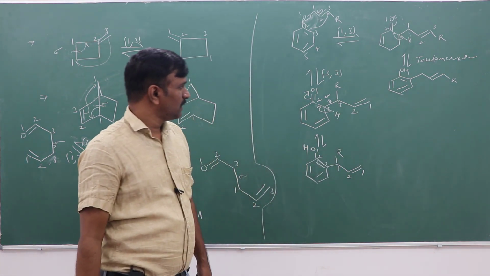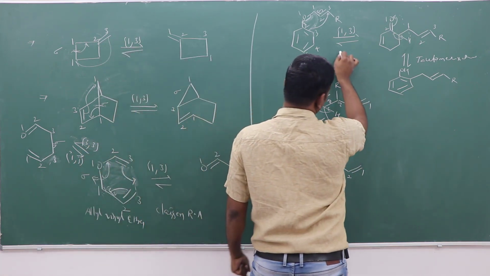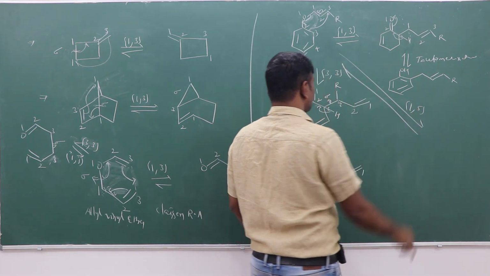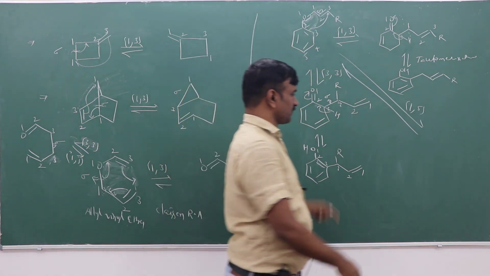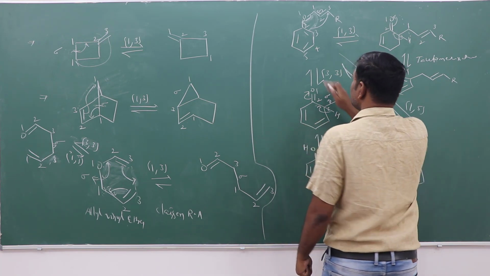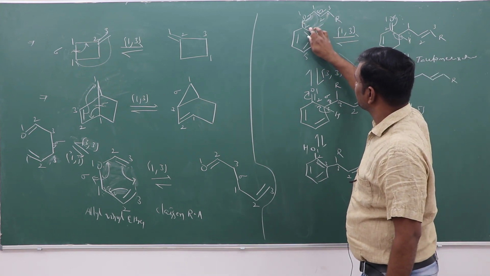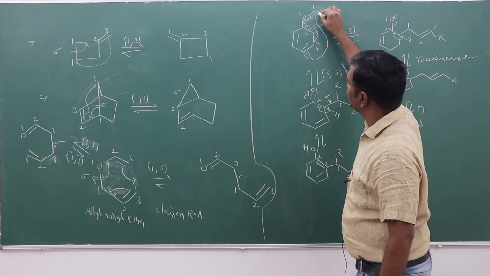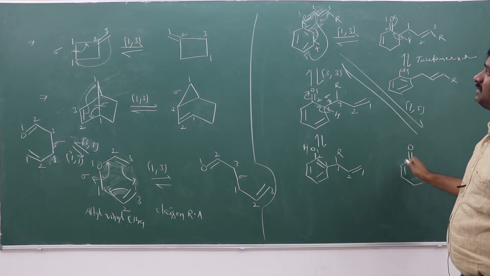Right? So if a 1,5 shift takes place, what will happen for the same molecule? For the same molecule, a 1,5 shift takes place. That means it is going to be this position, 1,5 shift. So from the 1 to the 5th position, this position. Same thing like this, right? And it is here, it is here. So what will happen?